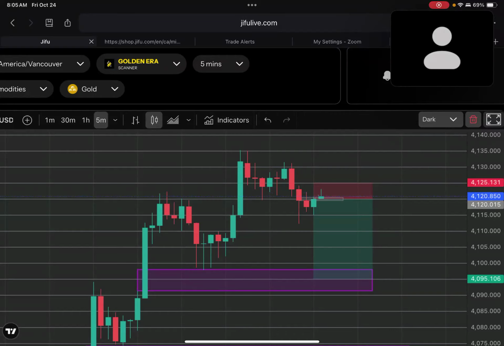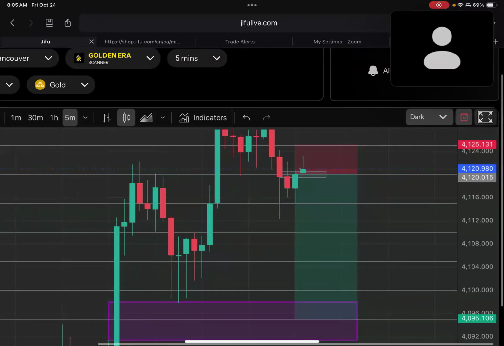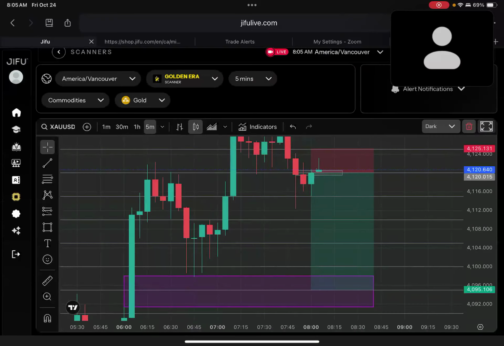I'm still liking this on the smaller time frame, even the 1 minute, the way it's reacting right now. So we'll just stay patient, see how this continues to play out here.